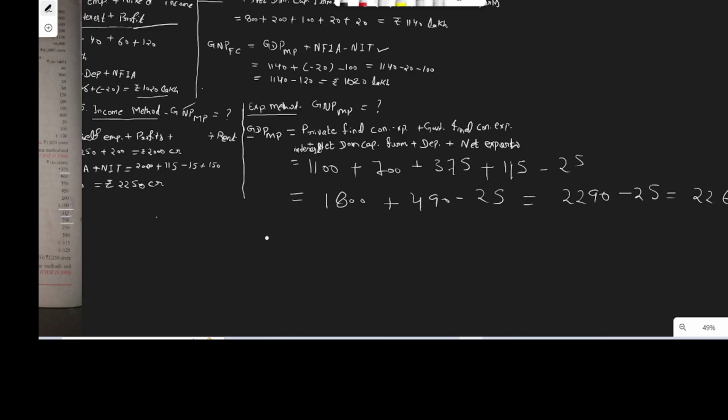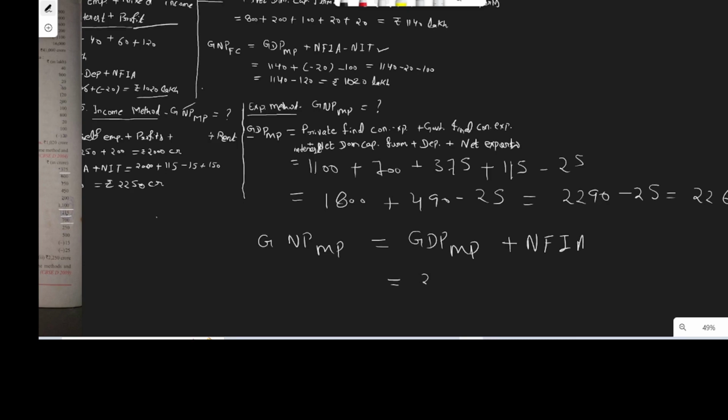So finally, what we need to find? We need to find GNP at MP. GNP is equal to, we have obtained GDP at MP, that I write on the right hand side. Gross domestic to national: plus net factor income from abroad, or NFIA. Market, no change required, only one change was required.